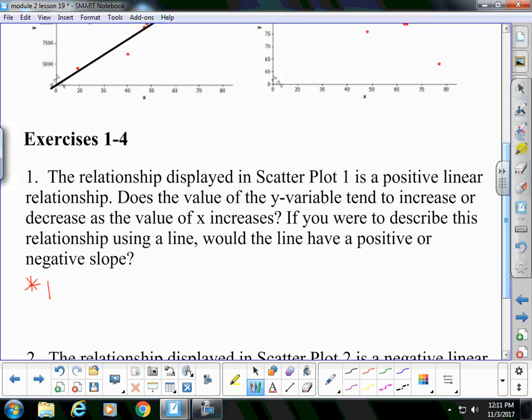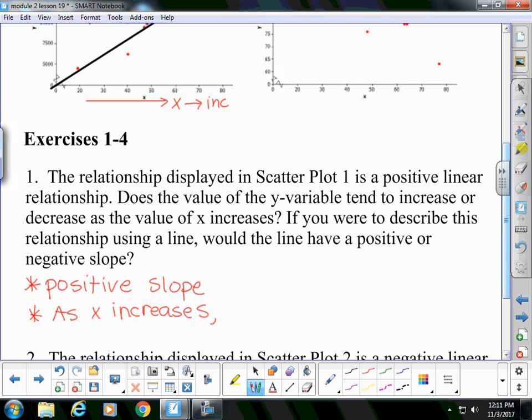And what that would mean is that as x increases, so as values of x get bigger, then the values of y also get bigger. So as x increases, y increases.